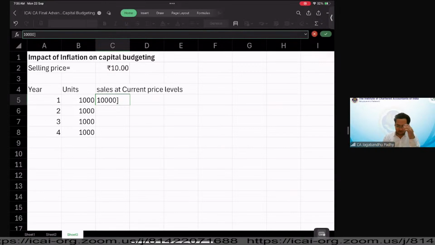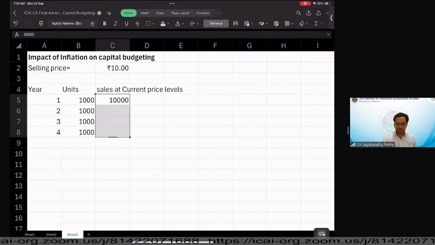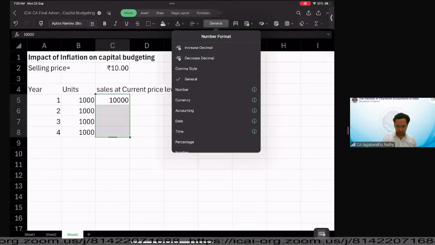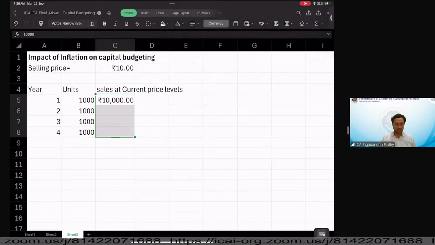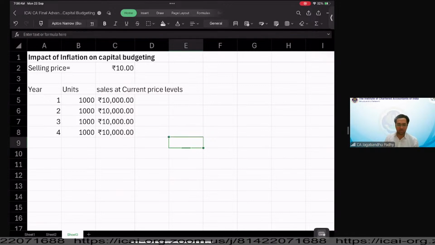Because that's 1,000 units multiplied by 10 rupees. Right? So that's 10,000 rupees at current price level, and that is as of now remaining constant. Correct? This is the sales at current price levels.